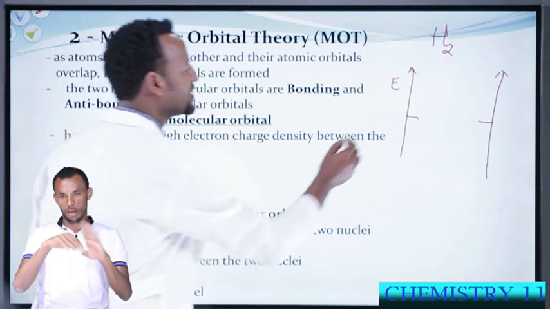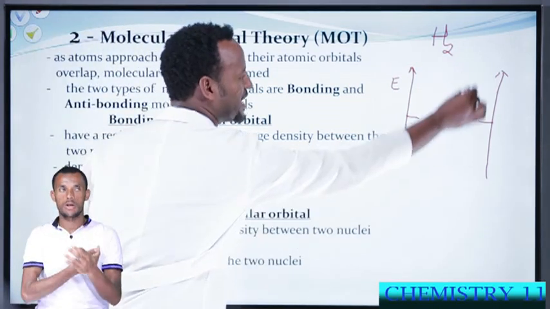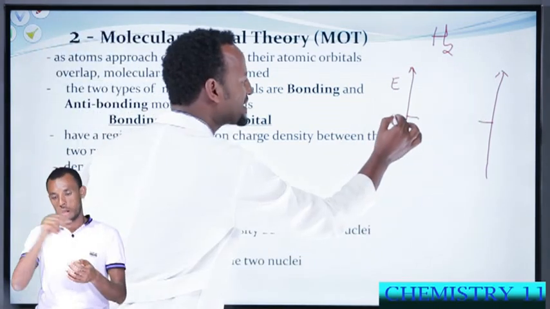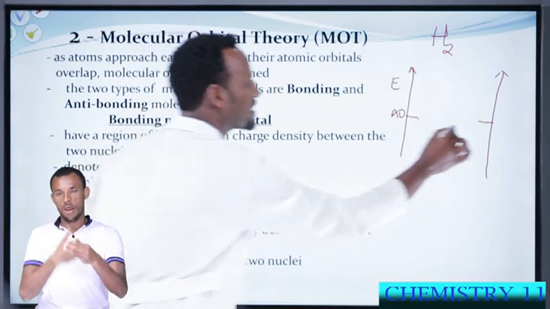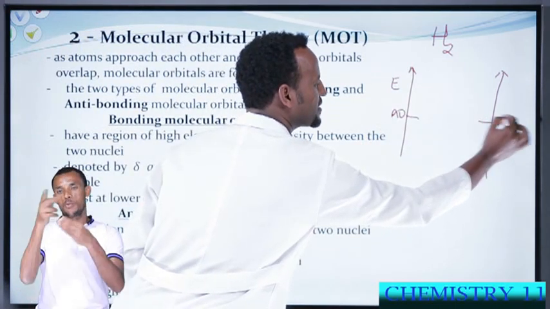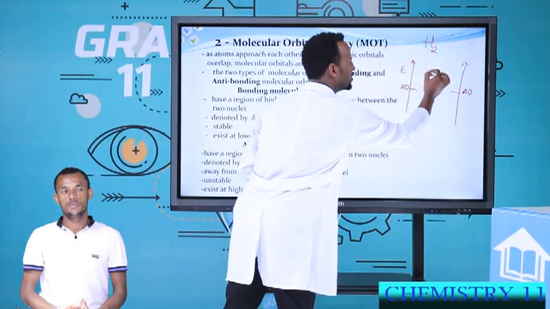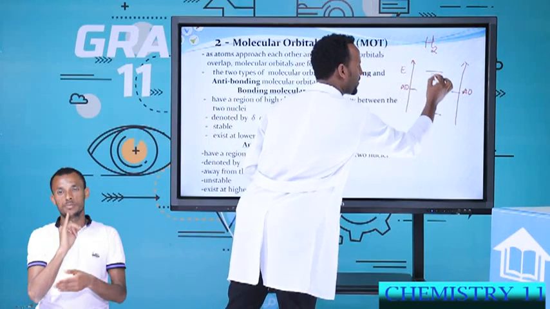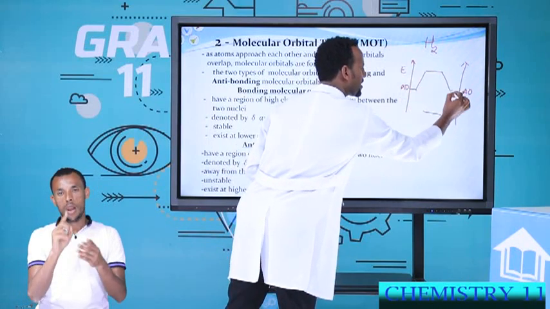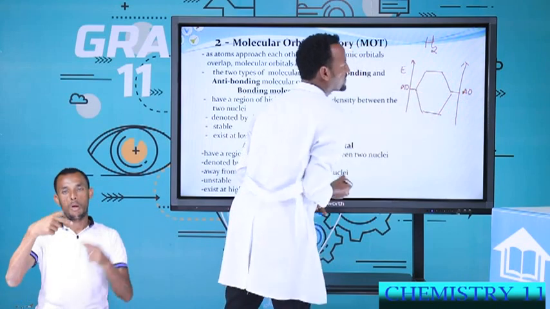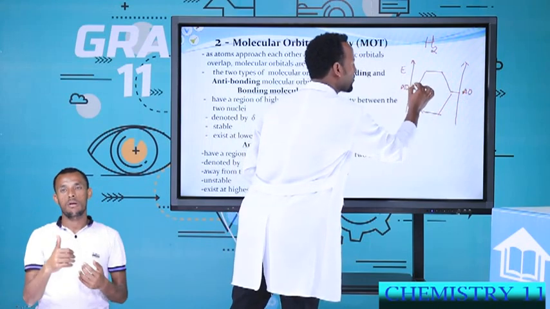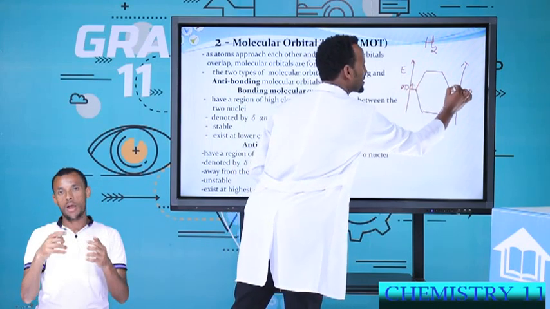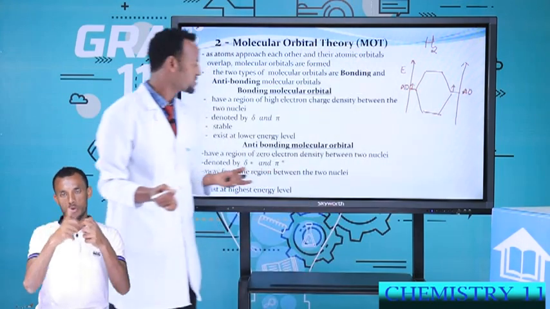In H2, this is energy. This is atomic orbital. Again, this one is atomic orbital. Look, this one is bonding. The other one is anti-bonding. This is one electron. This is one electron. Why one electron?